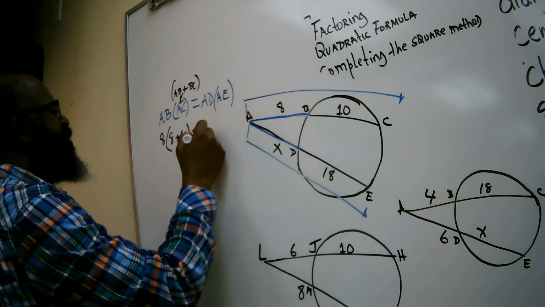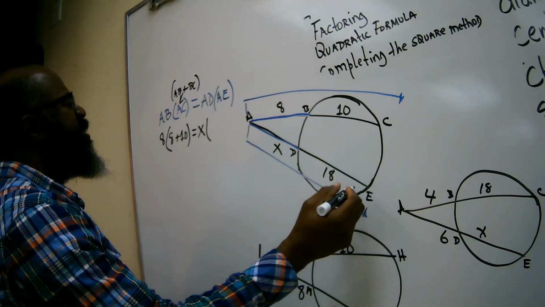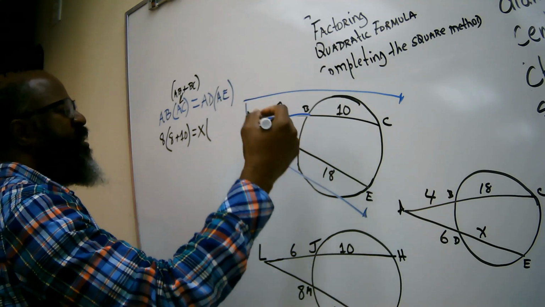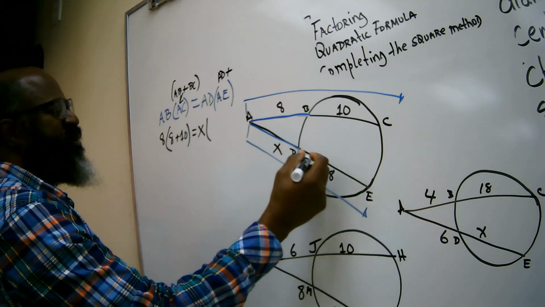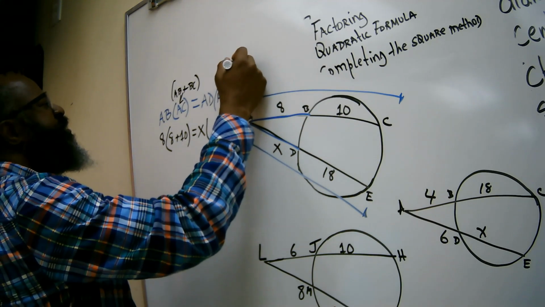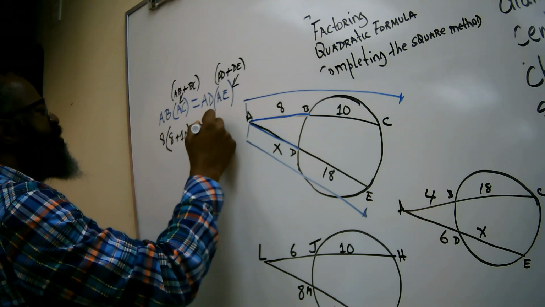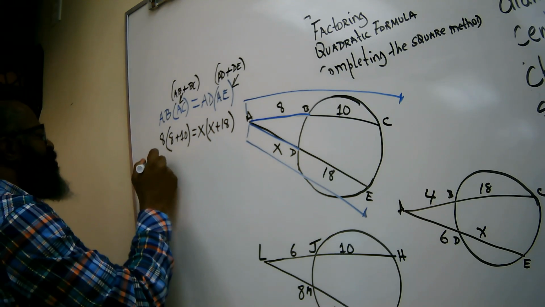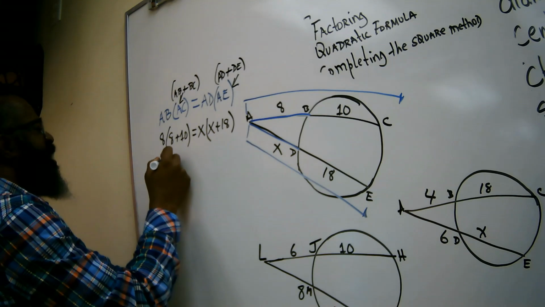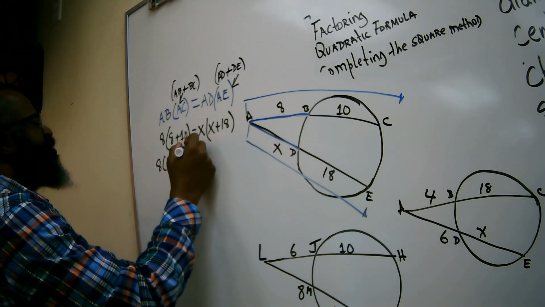In this case, 80 is X times the entire part of this secant, which is AE. To get AE, AE is AD plus DE. So you will end up with X plus 18. Now in this case, we will simplify. We will have 8 times 18 is equal to X squared.